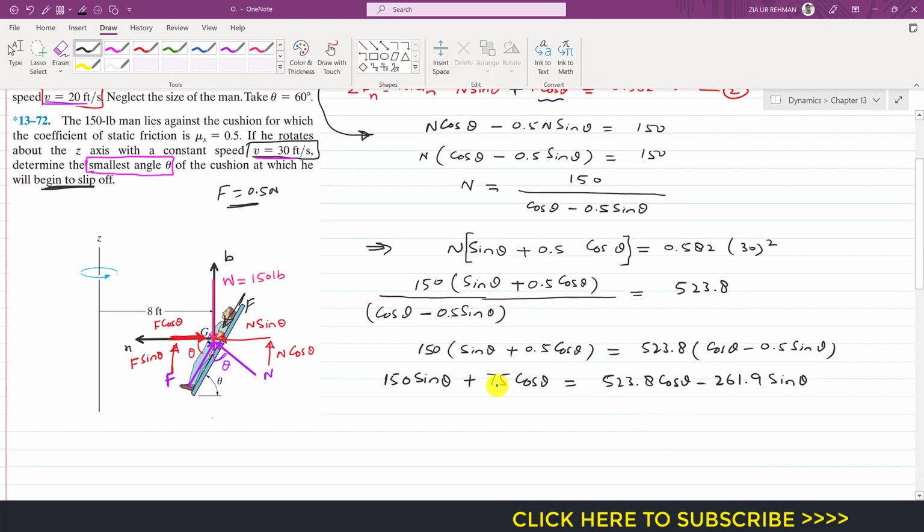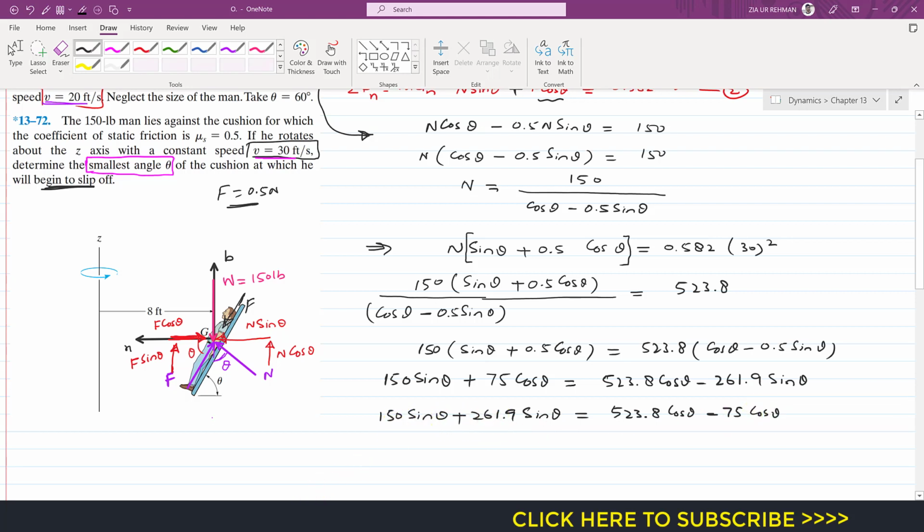Now if I bring the sine terms to the left hand side, this will become plus 261.9 sine of theta, and the cos term goes to the other side, so this will become minus 75 cos of theta.